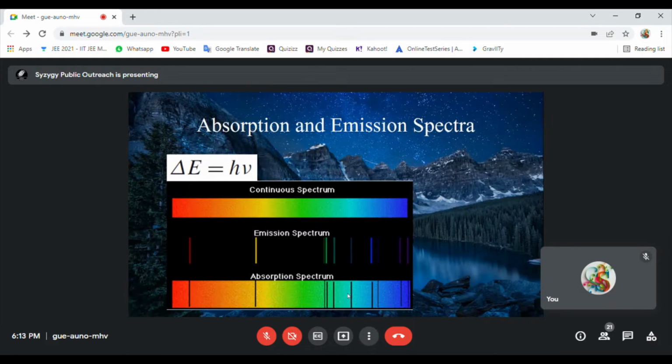Through this process we get the absorption spectrum, and by taking the light emitted by a hot gas, we get the emission spectrum. While here is the continuous spectrum, or basically the entire spectrum. And this is the same formula which we studied earlier. Here Ef minus Ei is replaced by delta E.